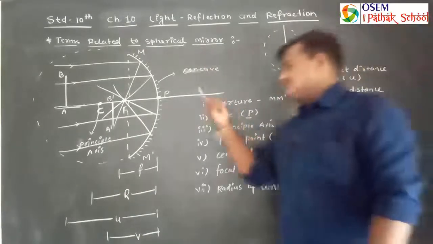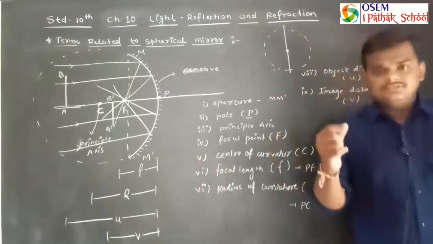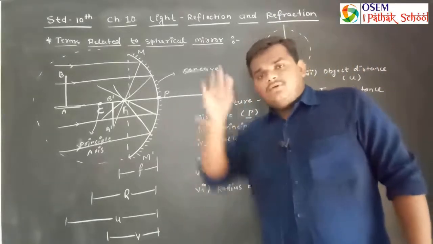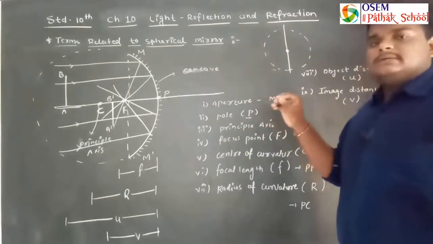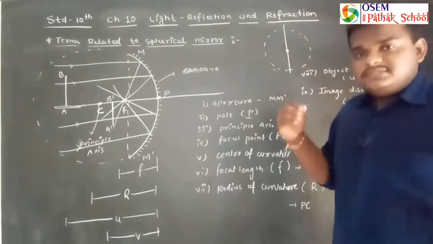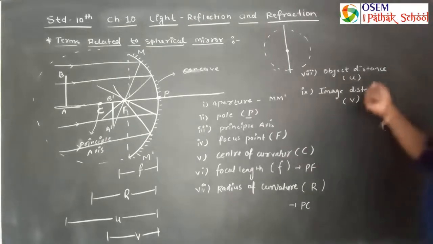So how can image distance be defined? It is defined as the distance between the pole and the image formed in front of the mirror or behind the mirror, and it is denoted by the small v.